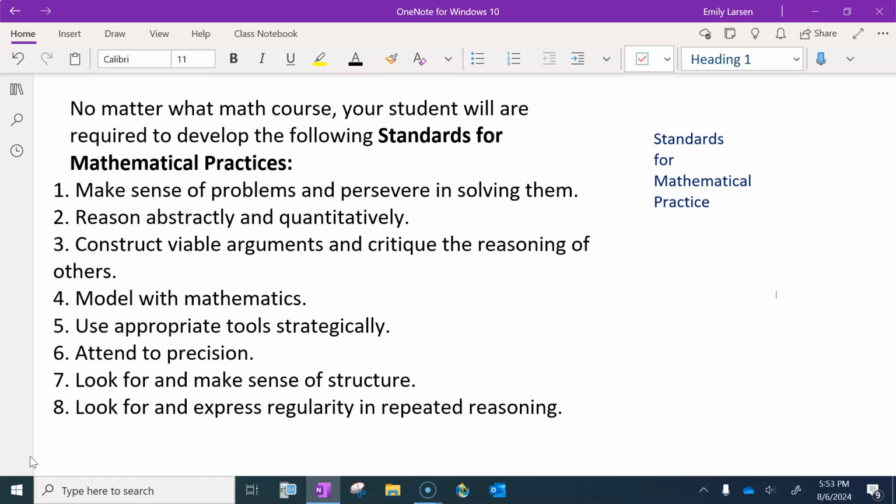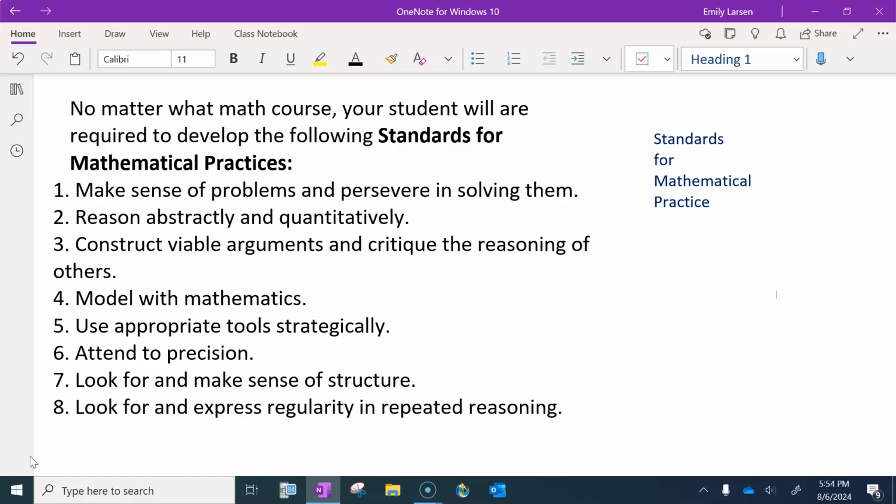They're building logical arguments to reason through their claims and make it presentable and convincing. Number 4, model with math. Can they graph, write an equation, or build a table from a certain scenario or a real life problem? Number 5, use appropriate tools strategically.